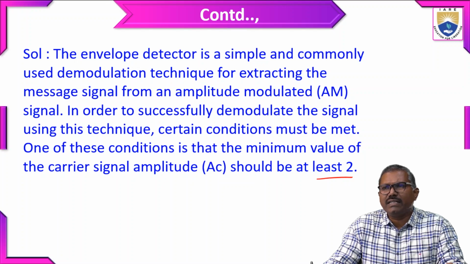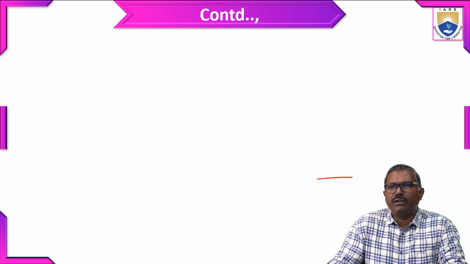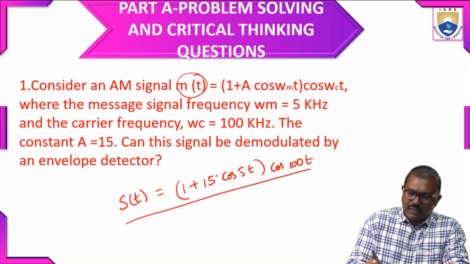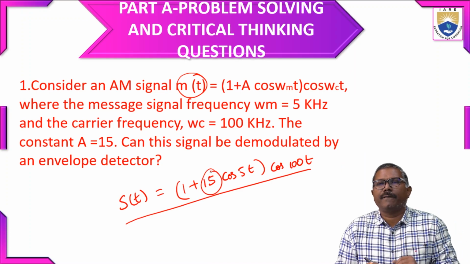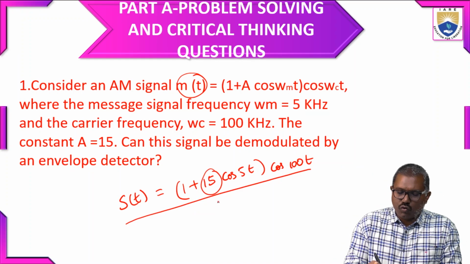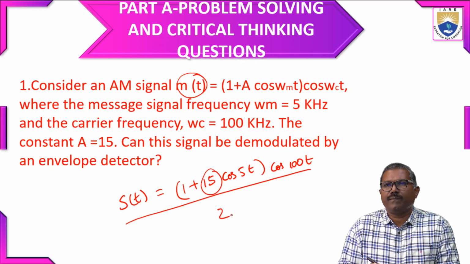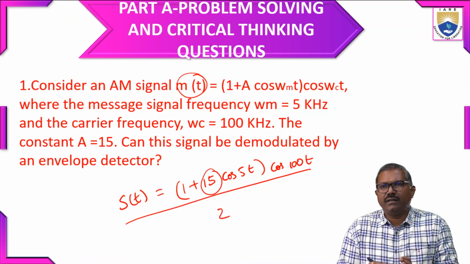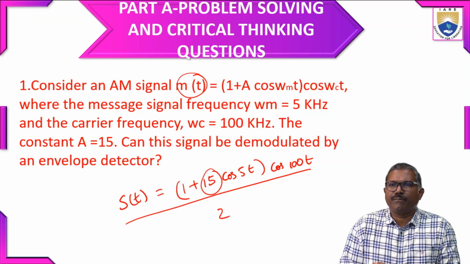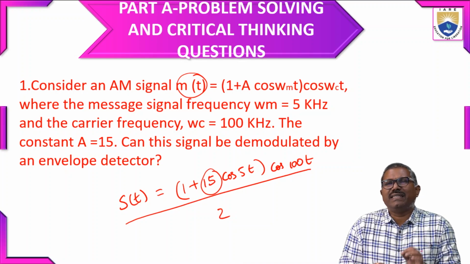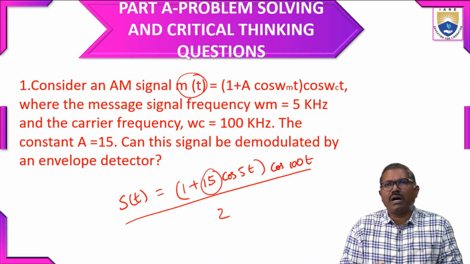Here we have 15, and 2 is required, so we have a sufficient amplitude. So this signal can be demodulated by an envelope detector.